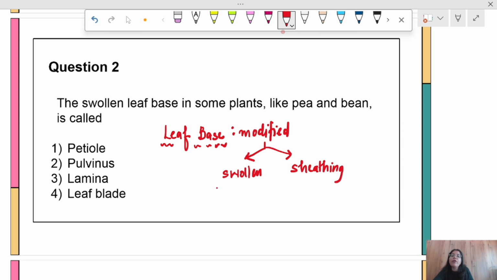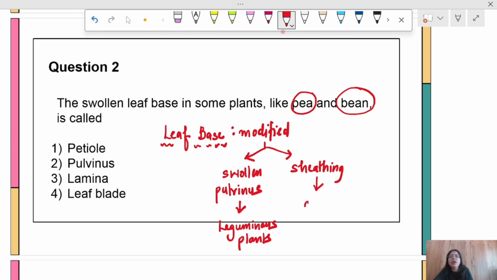Okay, swollen type of leaf base is called pulvinus. You will see this kind of leaf base in leguminous plants, like pea and bean. Remember, they belong to Fabaceae, right? And sheathing type of leaf base you will see in grasses, right?